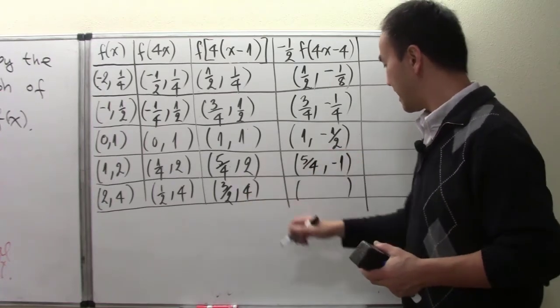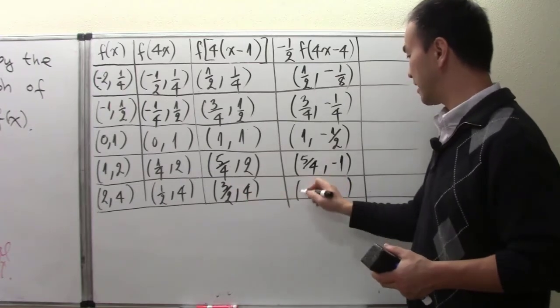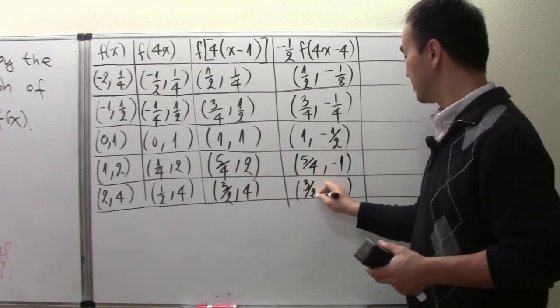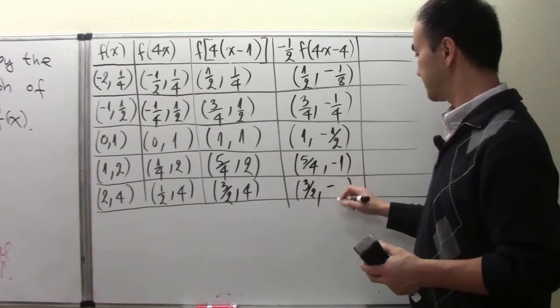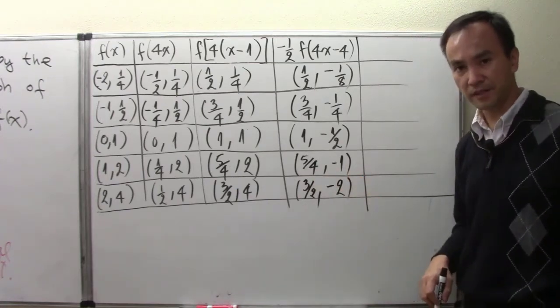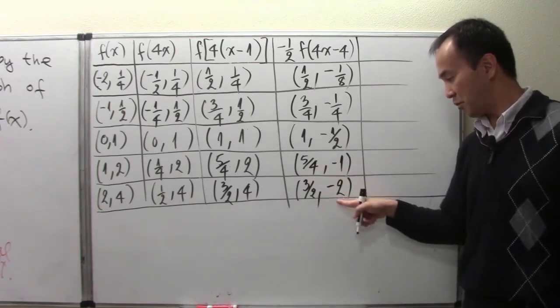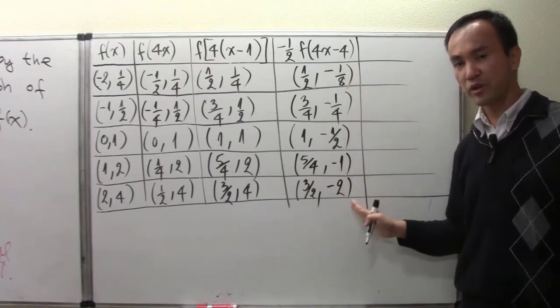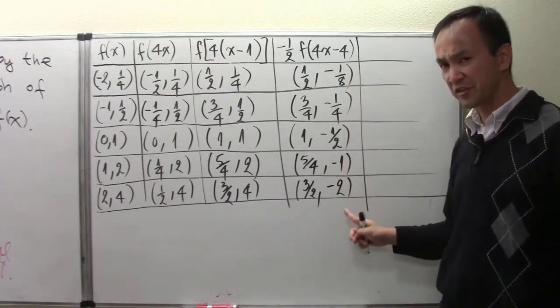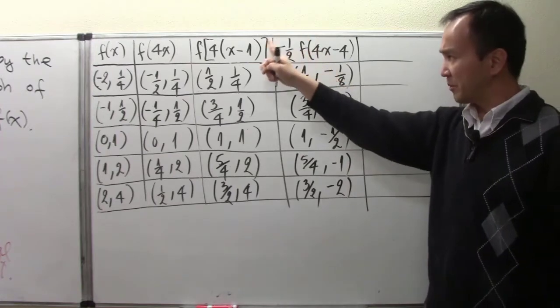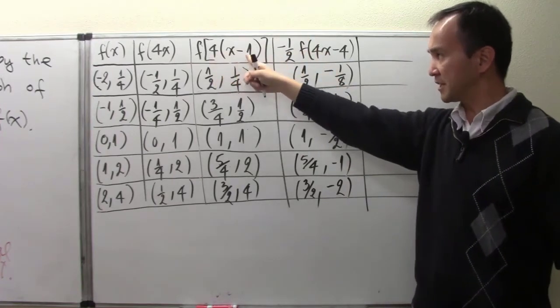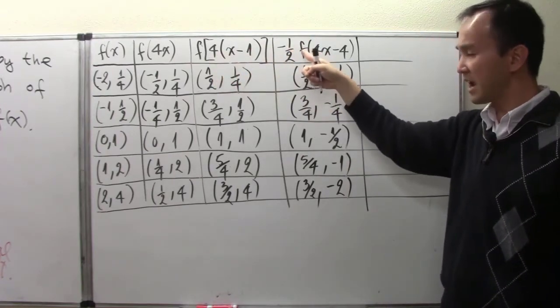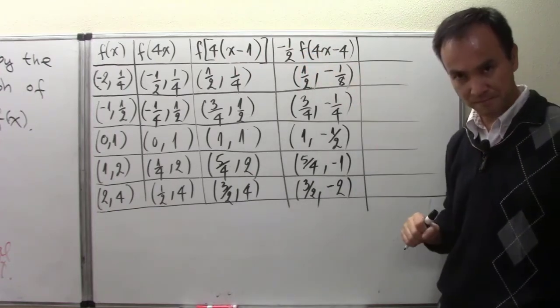And then that last point, 3/2 comma 4, is now transforming into 3/2 comma negative 2. All right, so that's our point here. And this is where we have completed our transformation, transforming from f of 4x minus 4 to minus 1/2 times f of 4x minus 4.